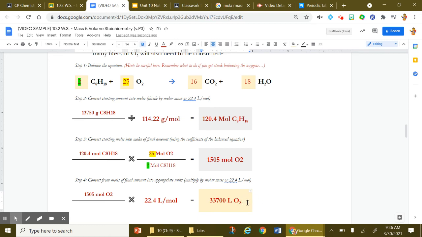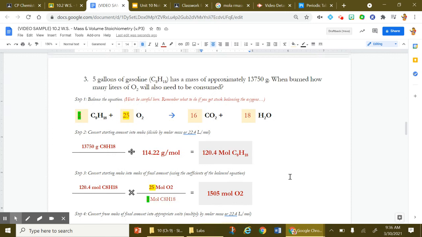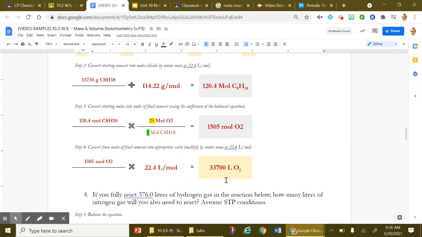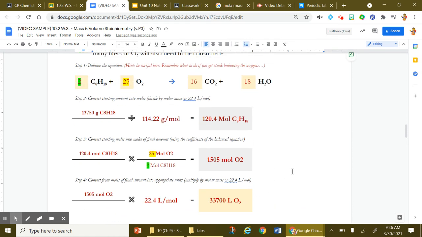Guys, this is a real conversion, okay? When you think about how much pollution and damage a car does to the environment, all right? 5 gallons is like half or a third of a tank of gas. And yet, when you burn 5 gallons of gasoline, you consume over 33,000 liters of oxygen.